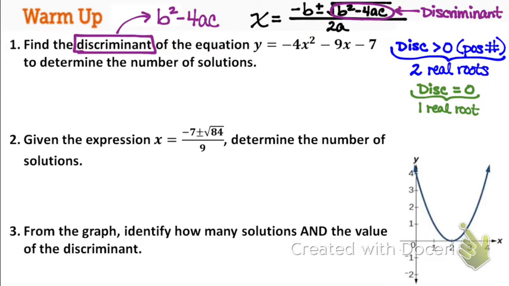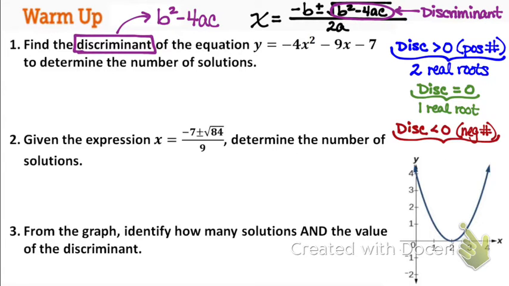So if I have a positive number under my radical, I'm going to get 2 real roots. If I have a 0 under my radical, I'm going to have 1 real root. What about if I get a number less than 0, a negative number? What happens if we have a negative underneath our square root?